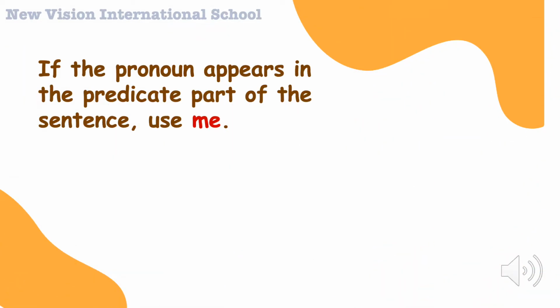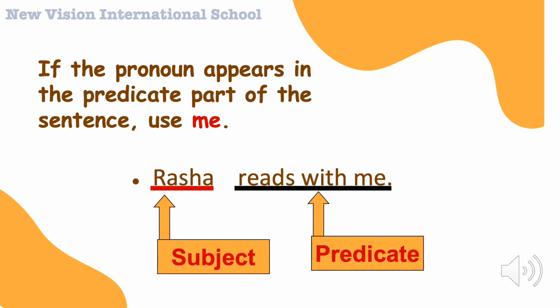How about if the pronoun appears in the predicate part or action part of the sentence? Let's take a look at this example. Rasha reads with me. Take a look at the action part. Reads with me.